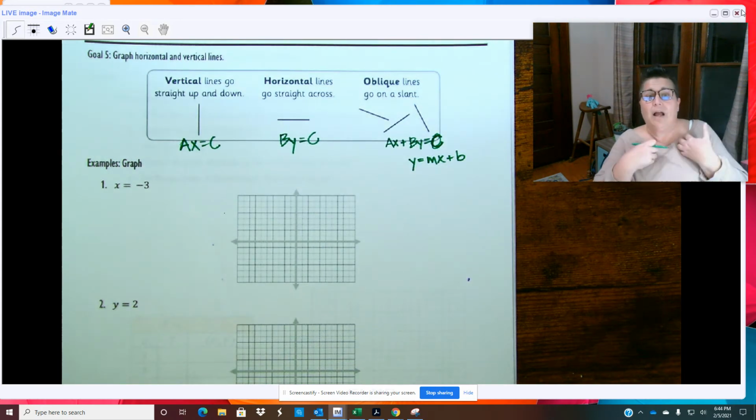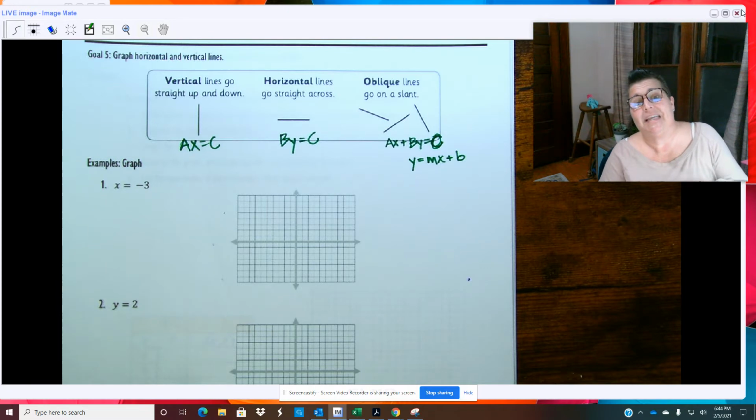So how do I know when I have a vertical or horizontal line? I know I have a vertical or horizontal line when one of the letters is missing. And from there, I just need to know which letter goes with which. Here's the thing. It's opposite the axis. So if you have an x and no y's, then it has to cross the x-axis, which means your line will need to be vertical.